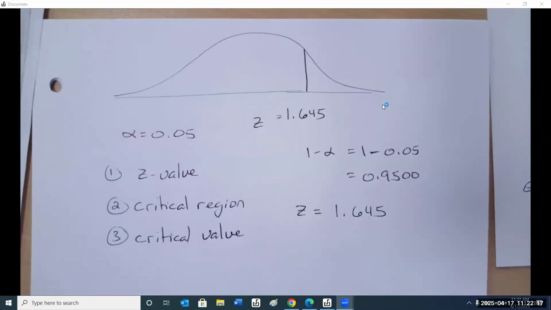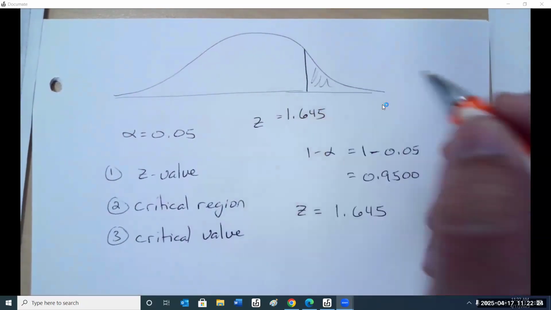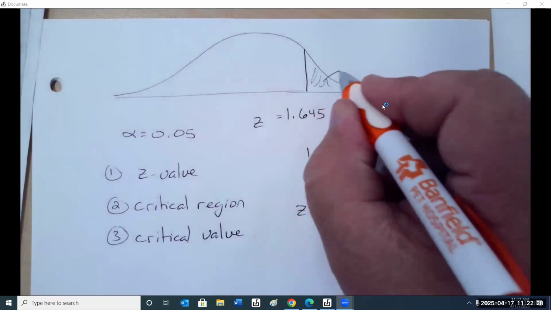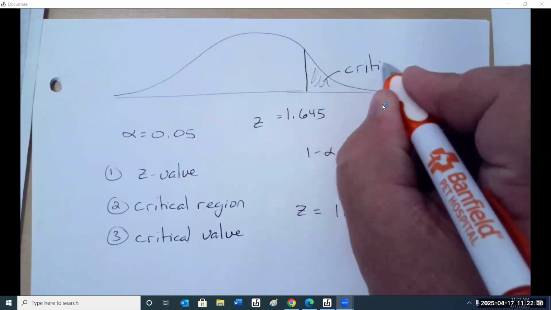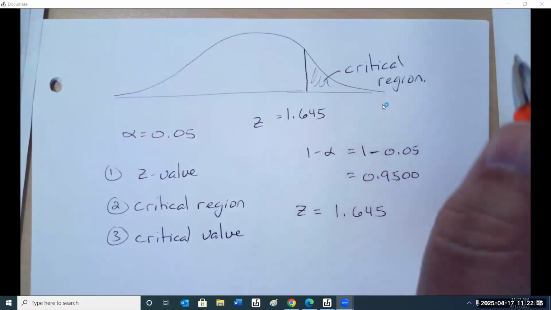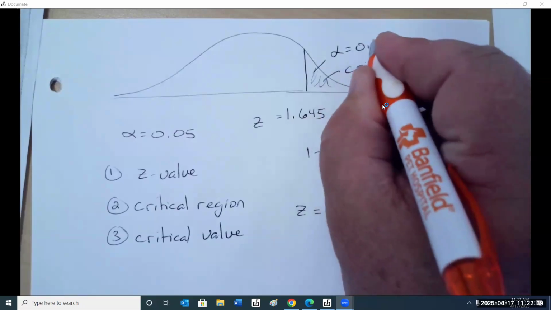That's also called the critical value. So the area over here is called what? That's the critical region. This is where the alpha equals 0.05.